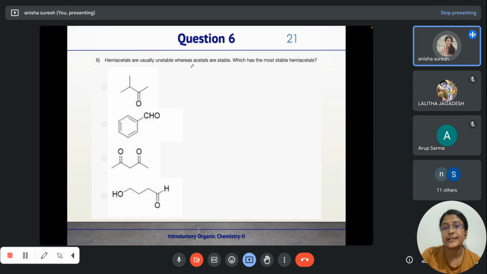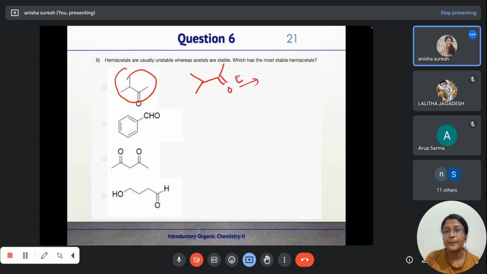Hemiacetals are usually unstable whereas acetals are stable. Which has the most stable hemiacetal? Are you familiar with what hemiacetals and acetals are? If we consider this compound and add an alcohol to it, it results in OEt, OH.